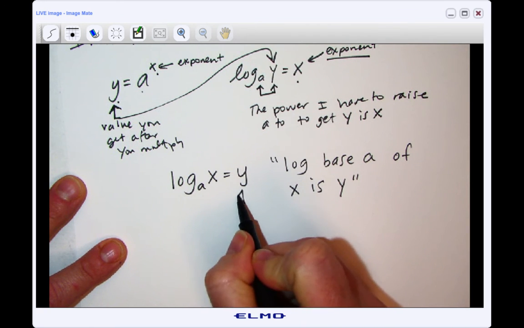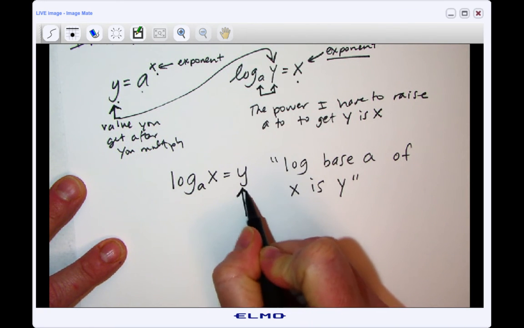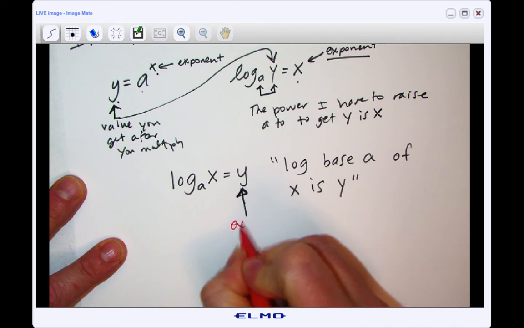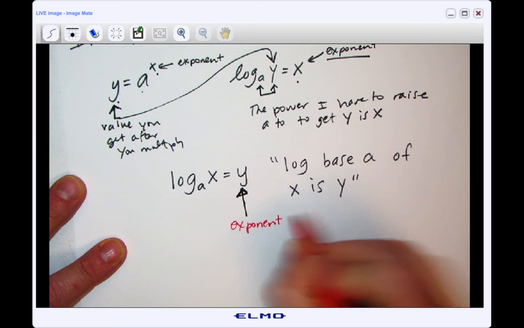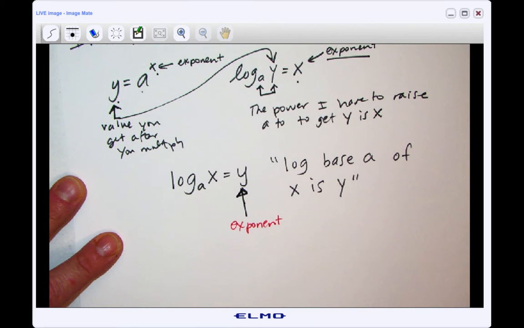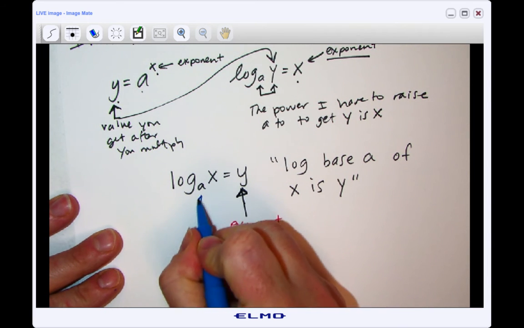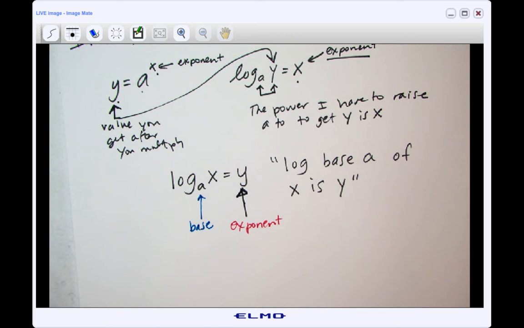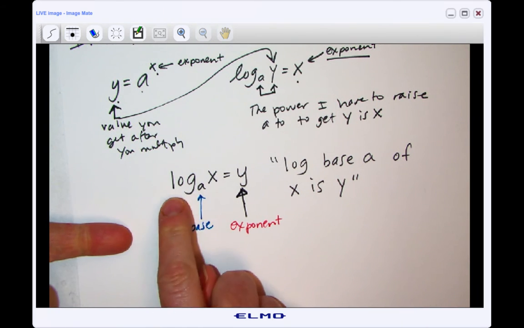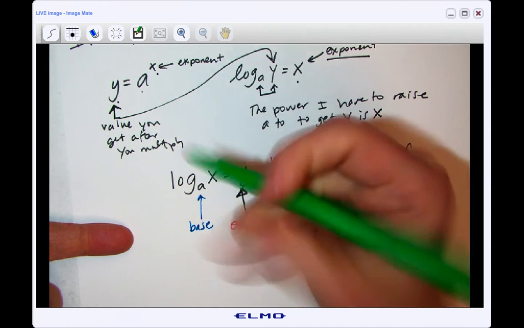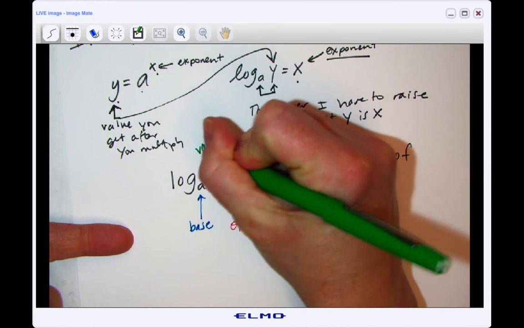And we know that this is always representing an exponent. So this is asking the same question that the other one is asking: what do I raise a to, to get x, this being my base? And we even say that word when we read this one aloud: log base a of x is equal to y. And this one will be the value after we multiply.